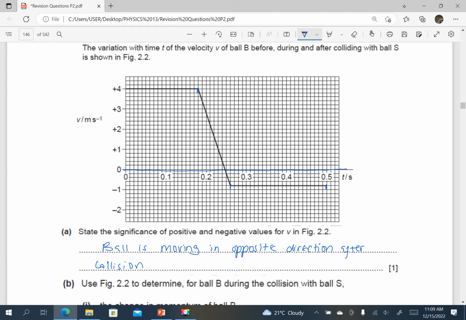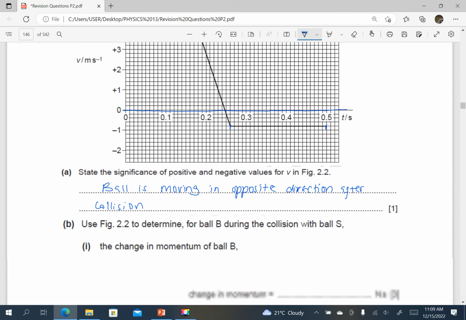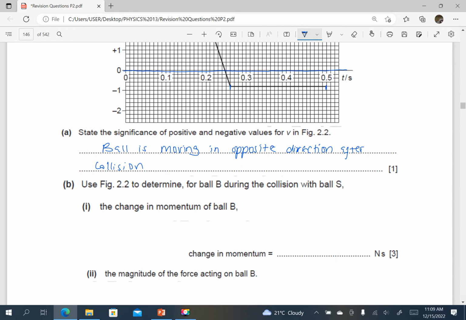I said yesterday, in particle physics, that the word different does not replace opposite. Saying different direction is not the same as saying opposite direction. So the negative and positive values mean that the ball is moving in the opposite direction after collision. Then use the figure to determine, for the ball during the collision with ball S, the change in momentum.